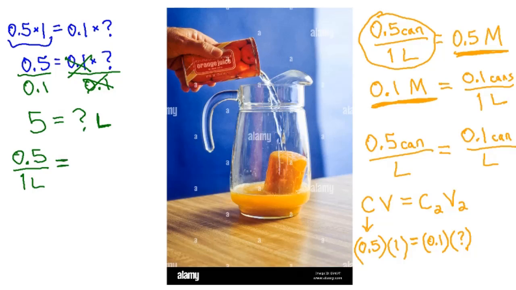You're going to have to take that orange juice, which was made with half a can and 1 liter of water, and you're going to have to add enough water to make 5 liters of orange juice.